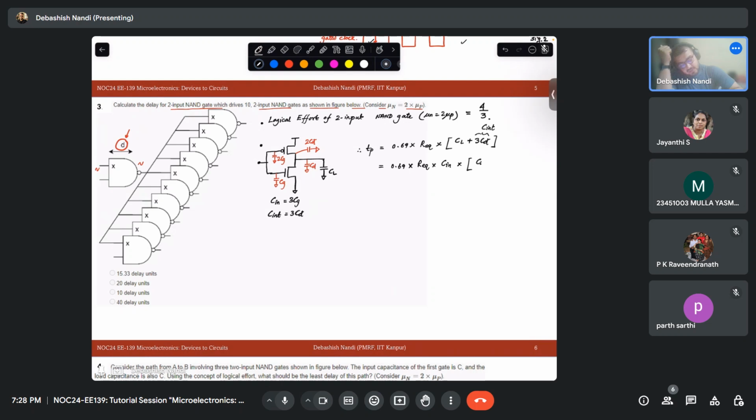Times CL by C in plus C internal by C in, times C in. This we are calling F and this we are calling gamma, right? This formula we know, right?